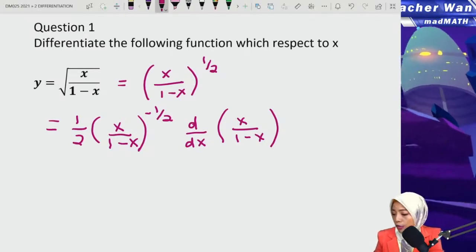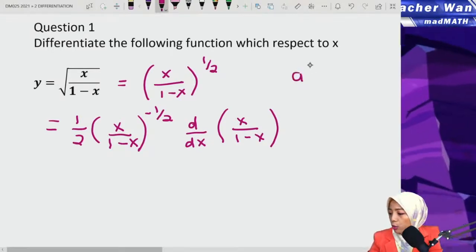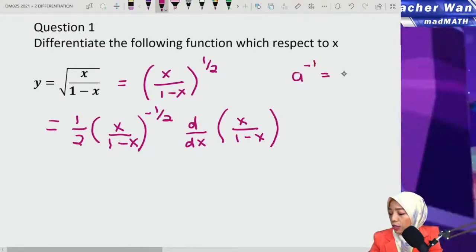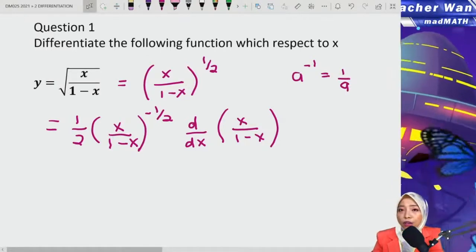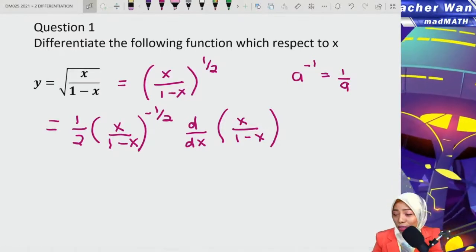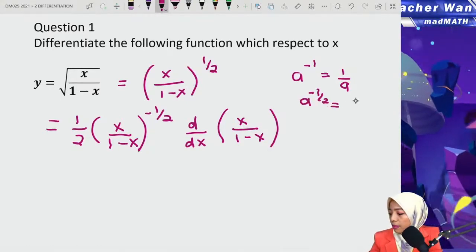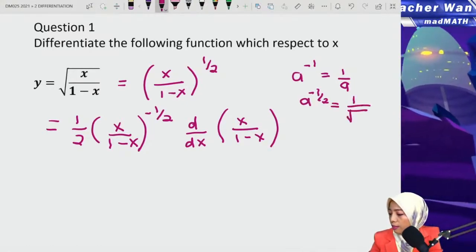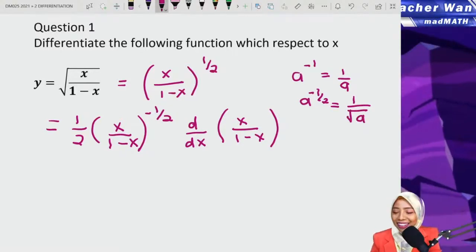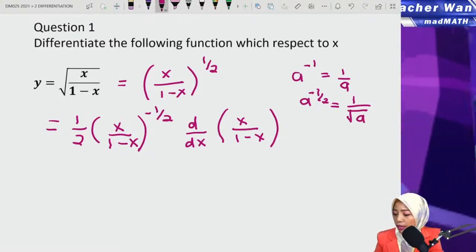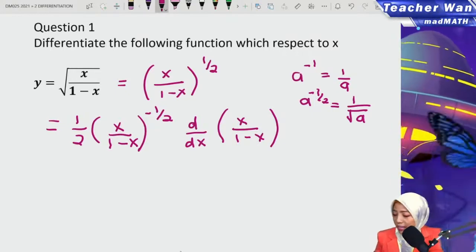You know that a to the power of negative 1 is 1 over a. Therefore, a to the power of negative 1 over 2 is equal to 1 over surd a. Therefore, we bring this x over 1 minus x.